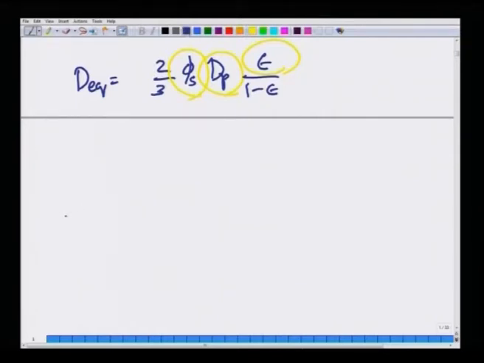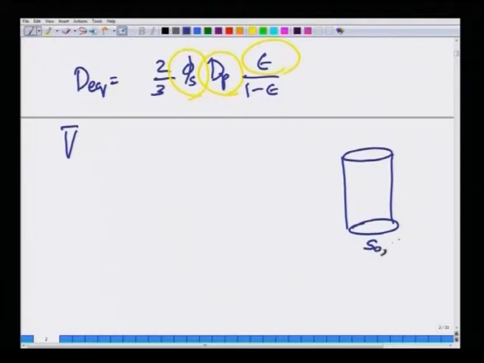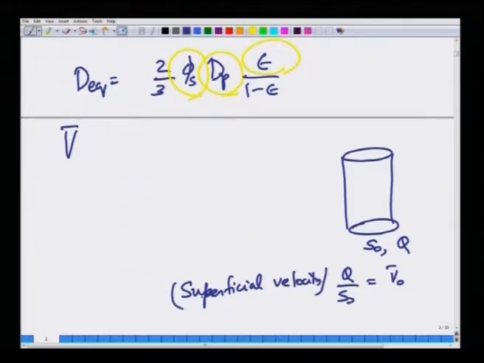The pressure drop will depend on the velocity in the tubes. The velocity inside the bed will be different. Suppose you have a bed, and if the bed is empty, if S naught is the surface area and Q is the volumetric flow rate, Q by S naught is called the superficial velocity. If there were no particles, this would be the average velocity of fluid present inside this container, but we do not have all the space or area available for flow, because only a fraction of it is available.